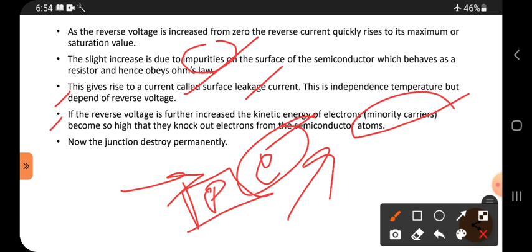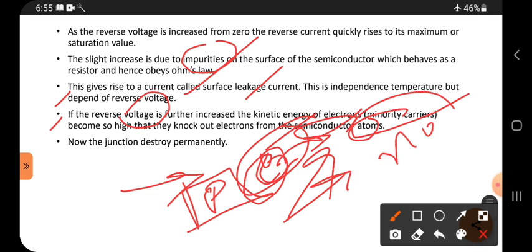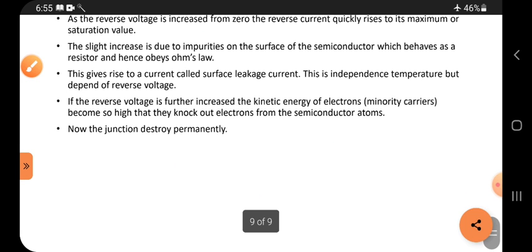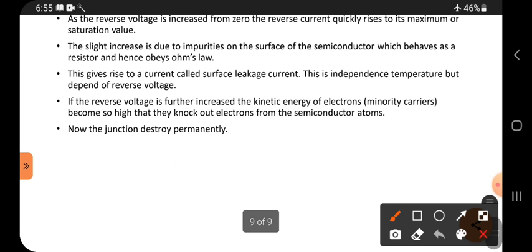When we apply a high reverse voltage, these electrons come out from the atoms of the semiconductor and give a large current in the reverse direction. Now the junction is destroyed permanently, and later we cannot use it.